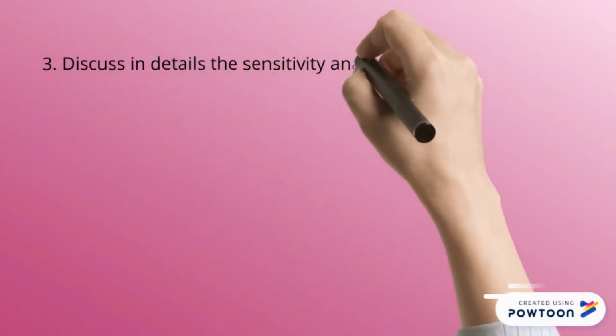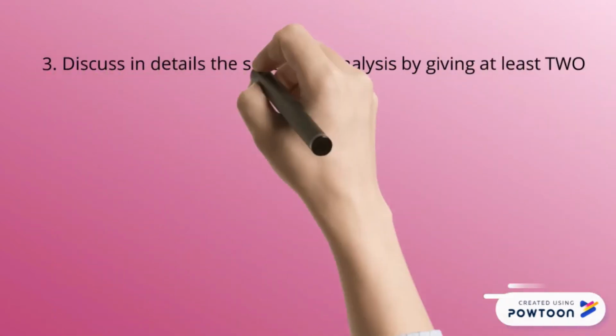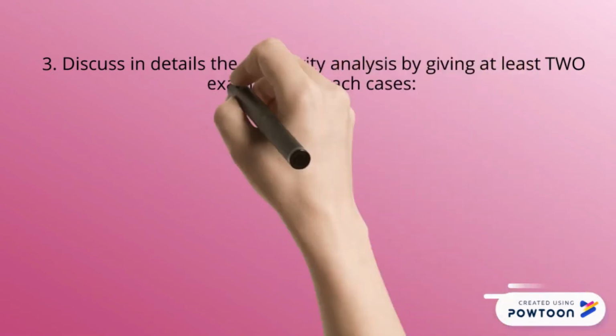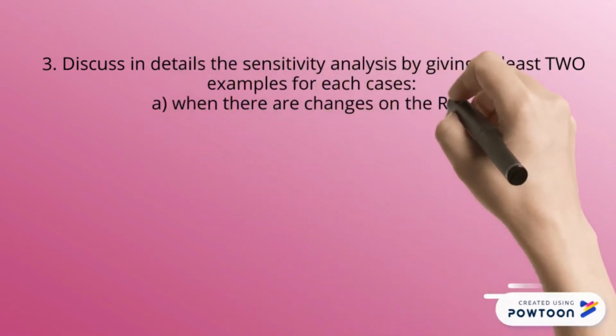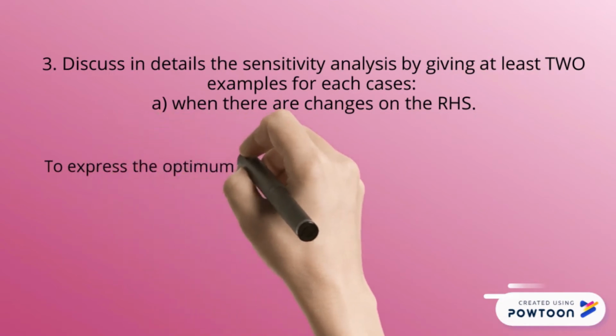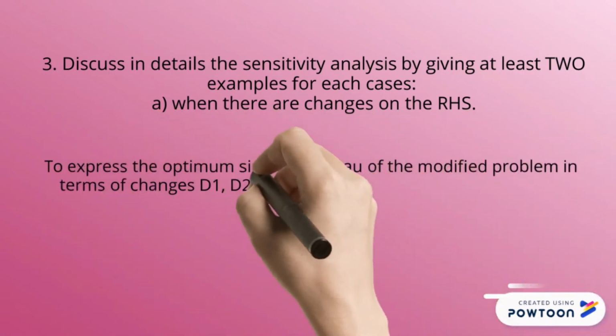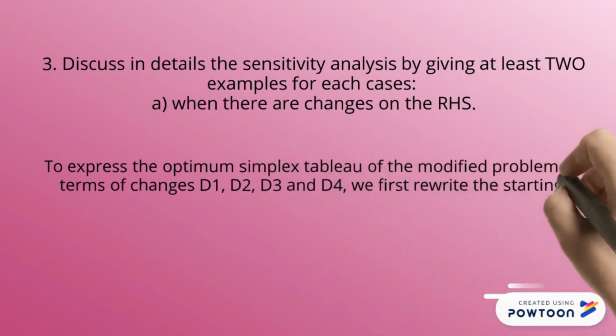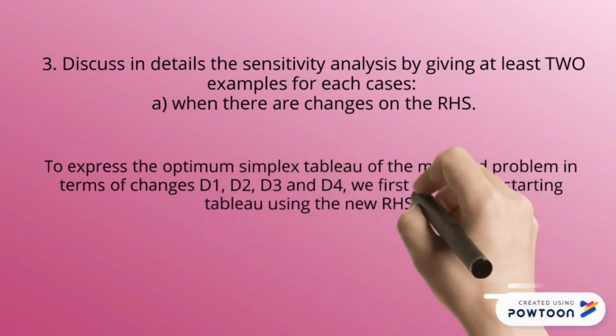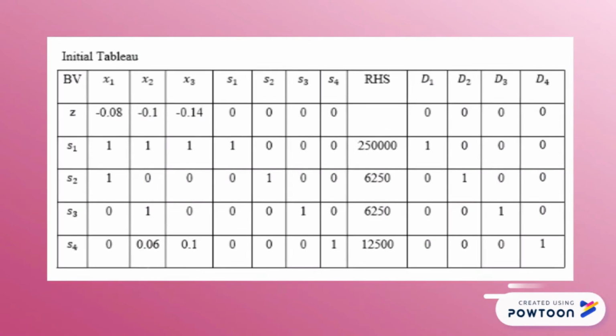In detail the sensitivity analysis by giving at least 2 examples for each case when there are changes on right hand side. To express the optimum simplex tableau of the modified problem in terms of change D1, D2, D3 and D4, we first rewrite the starting tableau using the new right hand side. This is the initial tableau that have been added for the changes.